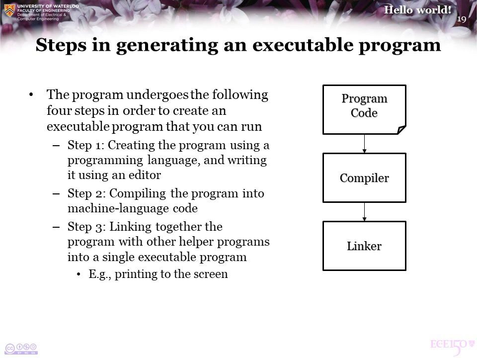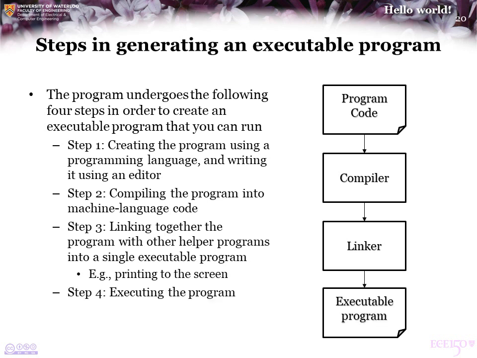For example, you did not author code to print your text to the screen. You are using someone else's code to do that for you. The linking process combines that code with the code that you have authored. Finally, the linker takes everything together and produces an executable program which you can then run.